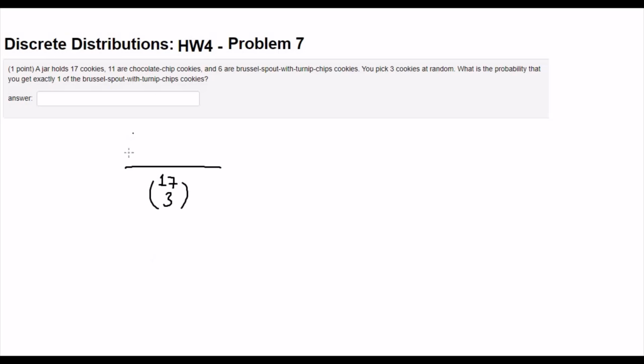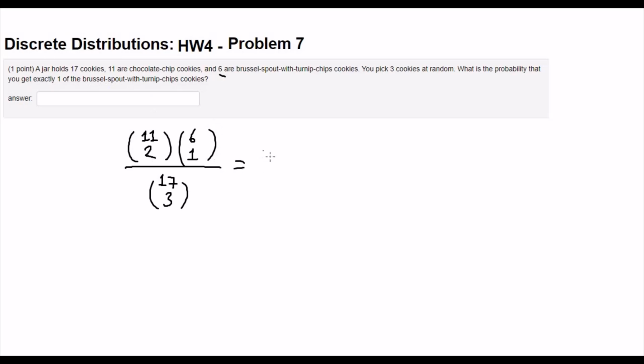On the numerator, we're going to choose 2 cookies non-Brussels sprout and 1 cookie exactly Brussels sprout. So out of 11, we are picking 2 chocolate chip cookies, which is not Brussels sprout, and out of 6 here, we're picking our desired cookie.